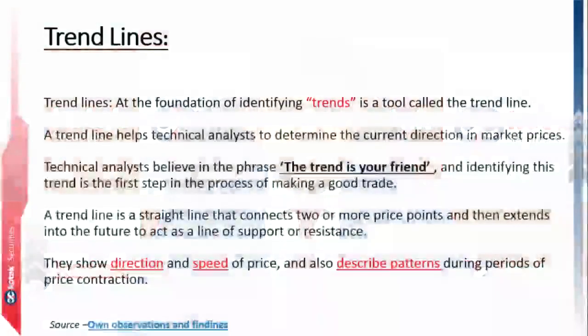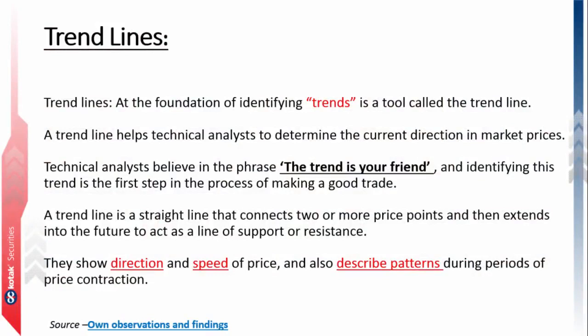At the foundation of identifying trends, the trend line is a tool that helps technical analysts determine the current direction in the market, in market prices, stock prices, and indices. A technical analyst believes in the phrase "the trend is your friend", and identifying this trend is the first step in the process of making a good trade.